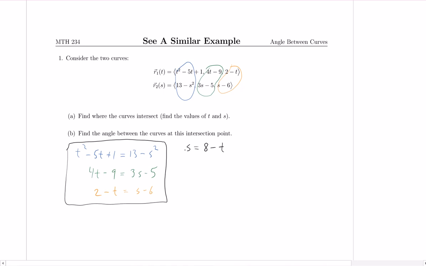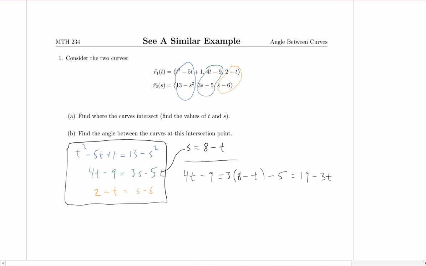Now let's plug that into the second equation, the green one, for the y-coordinates. If we do this, we get 4t minus 9 equals 3s minus 5, but s is 8 minus t. If we multiply that out, 3 times 8 is 24, minus 5 is 19, minus 3t.